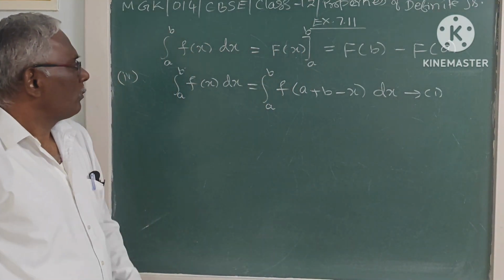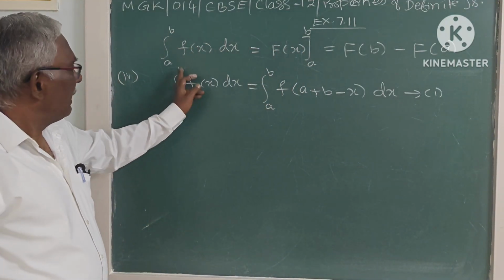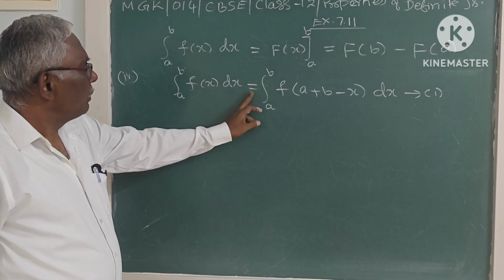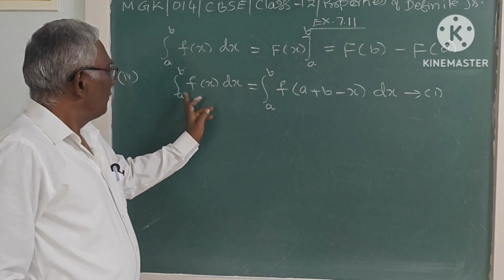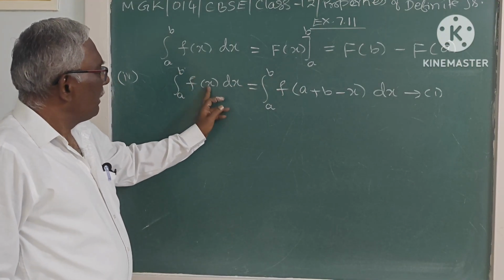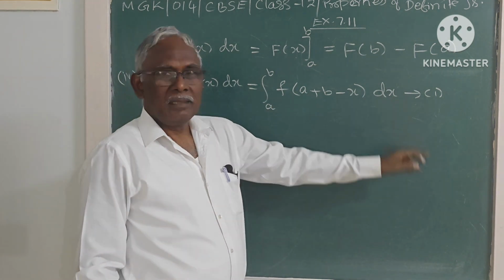Okay. So integral a to b f of x dx is equal to integral a to b f of a plus b minus x dx.